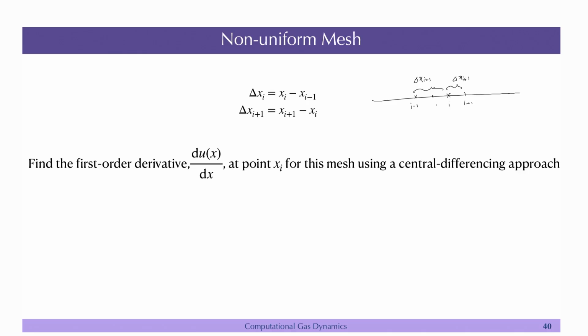I have defined delta x i as x i minus x i minus 1, and delta x i plus 1 as x i plus 1 minus x i. Our task is similar to what we had earlier: we want to find the derivative at i, so du by dx at i.